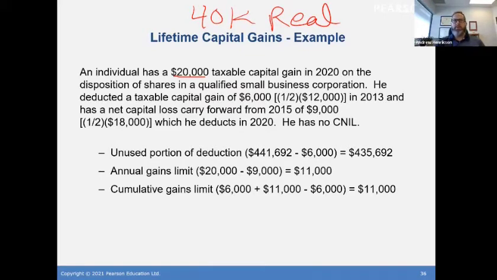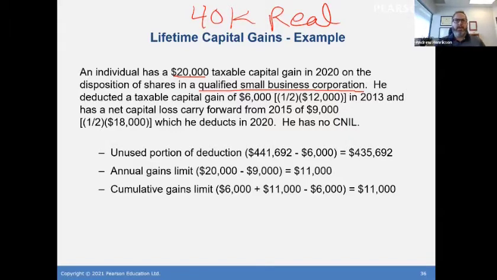So be careful that you know what number they've given you. So in this case, we have an individual with a $20,000 taxable capital gain, which occurred in 2020. This was on the disposition of a qualified small business corporation. So we've been told in the question, they qualify. We didn't have to get into an assessment of that. We know that they qualify.